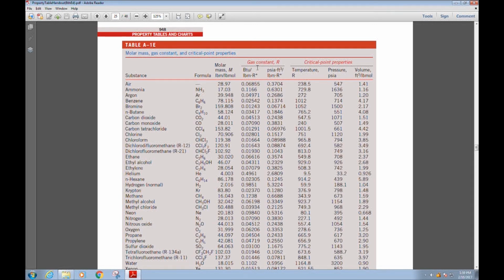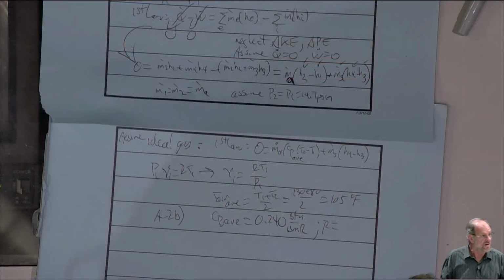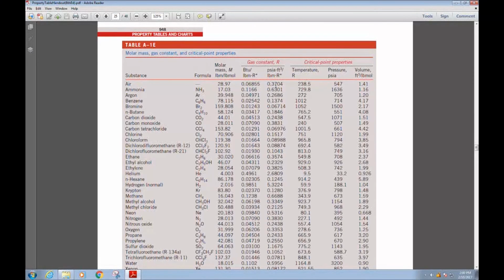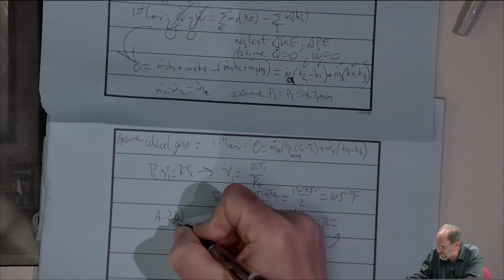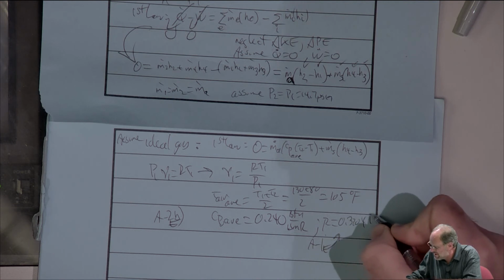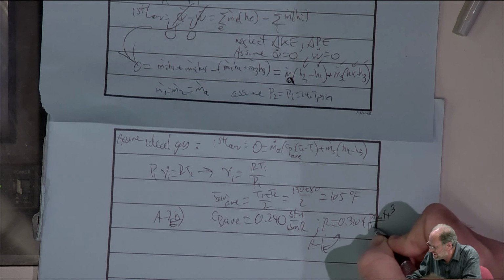Since we're only going to use R within our specific volume equation, that is our ideal gas equation of state, we have to use pressure in the given units of PSIA. I might as well use the value of R that also has units of PSIA. So it's 0.3704. It turns out we actually want to use A1. And again, I actually put an E in here to use these units. But we get 0.3704 PSIA foot cubed per pound mass per R.